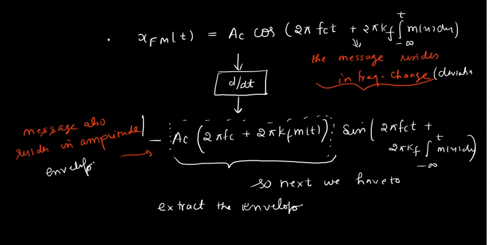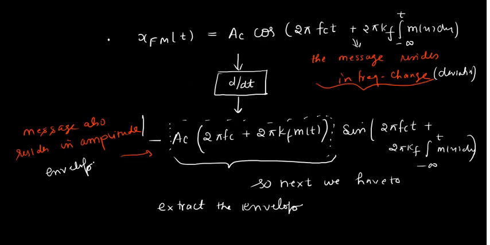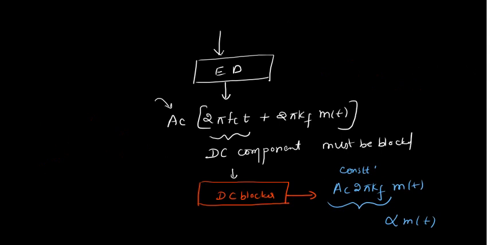And here, the message now also resides in the amplitude of your output. So, what we do is we next extract the envelope of this. We pass it through an envelope detector, and the output of your ED would be this, and if we block the DC component, the output will be this.